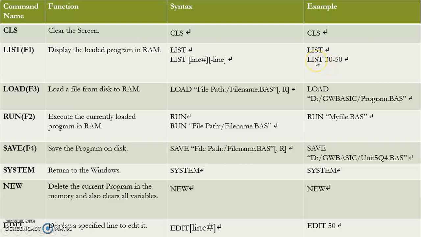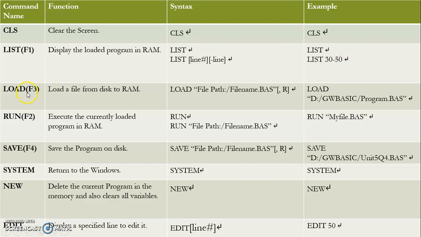We will type the list command, then give a space and then type the specific lines that we want to display. Here for example it is line number 30 to 50, meaning the block of code from line 30 till line 50 will be displayed from the currently loaded program on our screen. As it is used as a command, the enter key is required over here.